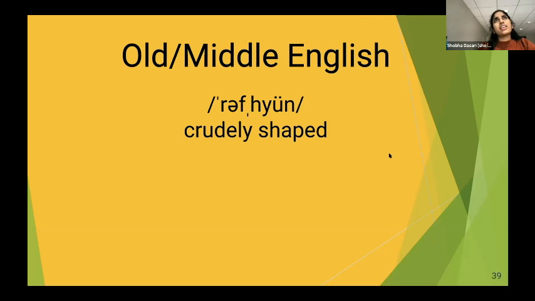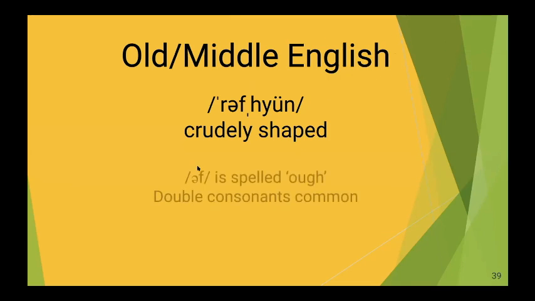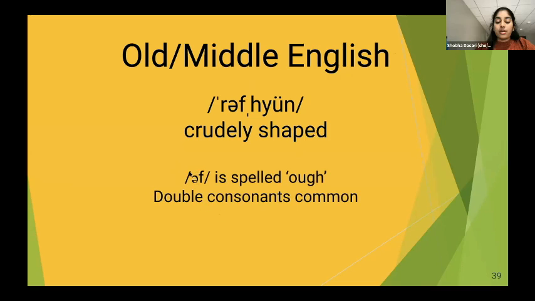Yeah, generally. For this particular example, which I can talk about now since we have some inputs in the chat, the off sound can be spelled with O-U-G-H, like cough, rough, tough, etc. So you have the O-U-G-H from the first part, and then you have the hewn from the second part.